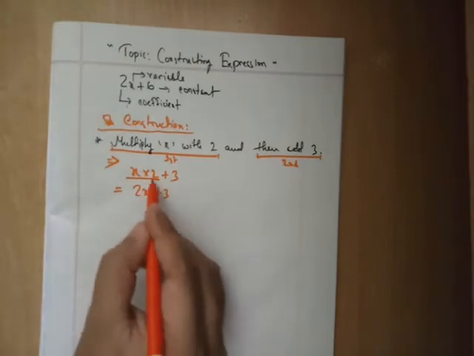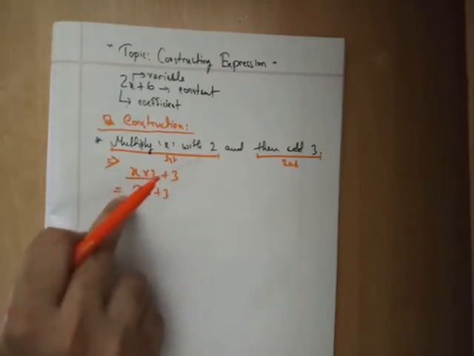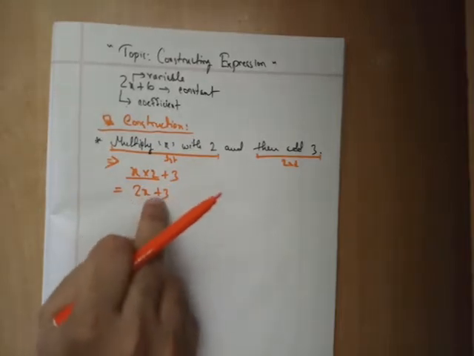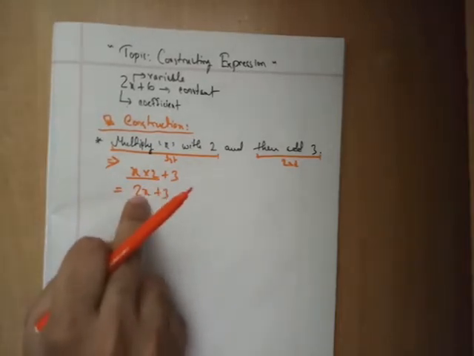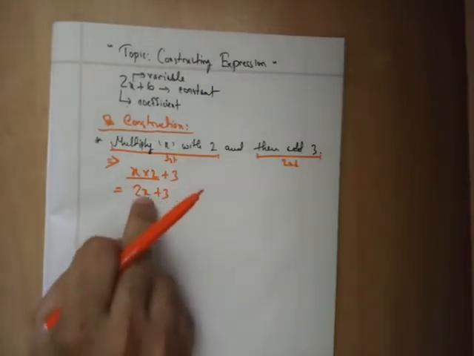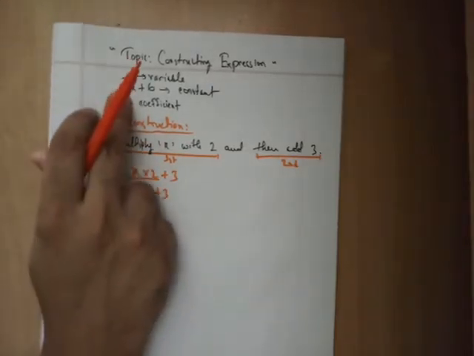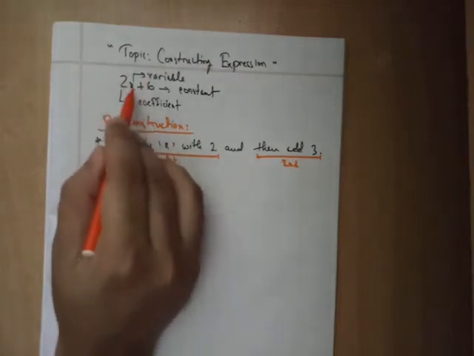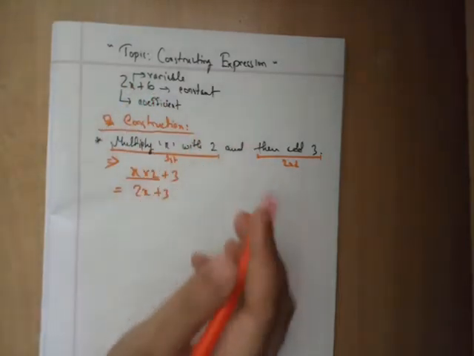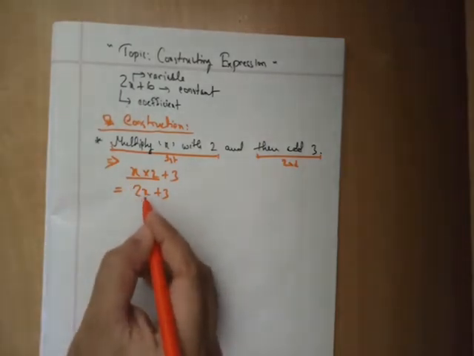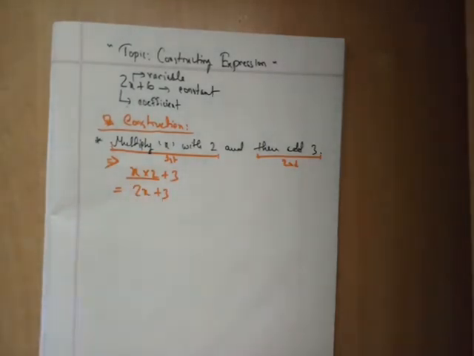So remember, always write the constant before the variable. Do not write x2. Instead of x2, write 2x, because now this 2 is the coefficient of x. Just like in the first example that I told you, 2x plus 6, where 2 is the coefficient, x is the variable, 6 is the constant. Same case here, 2 is the coefficient, x is the variable, and 3 is the constant.